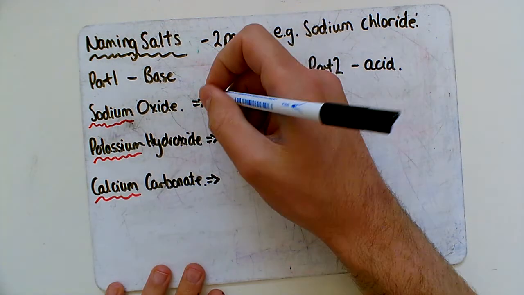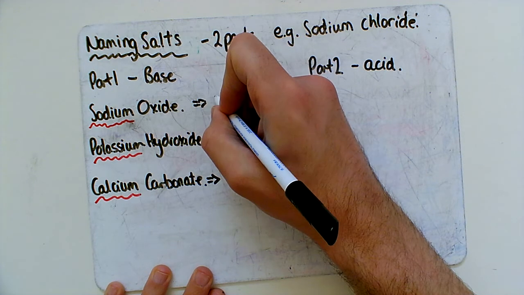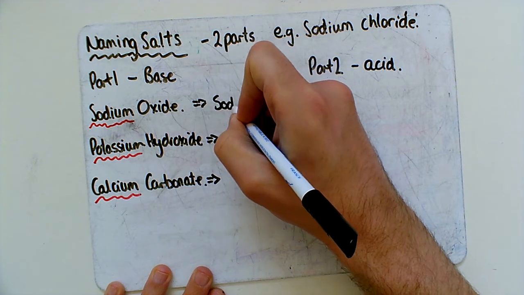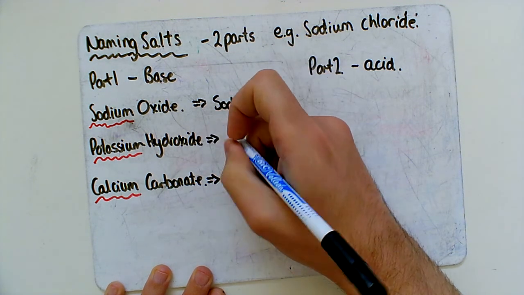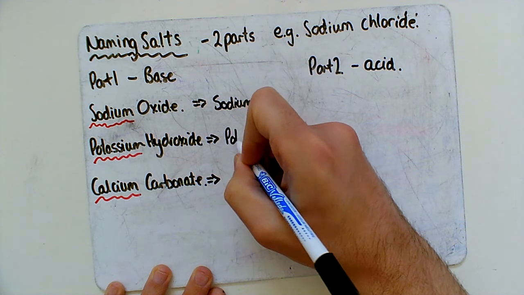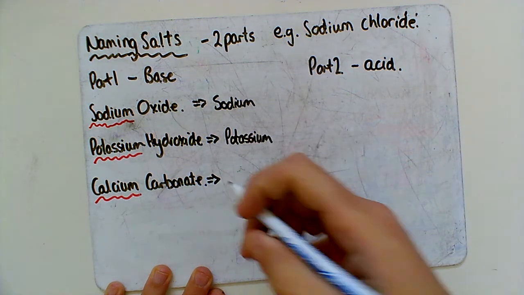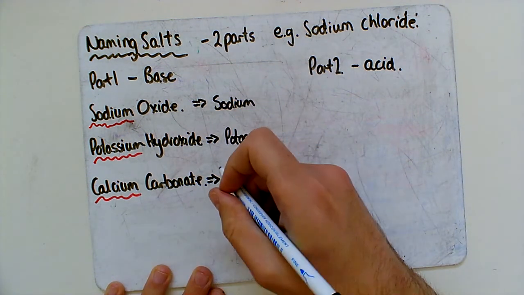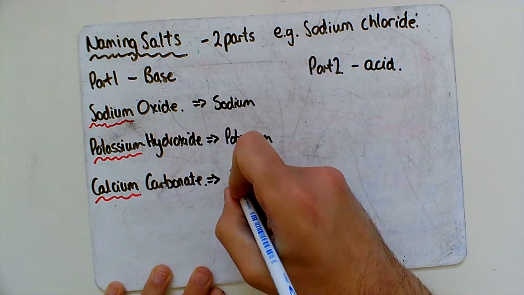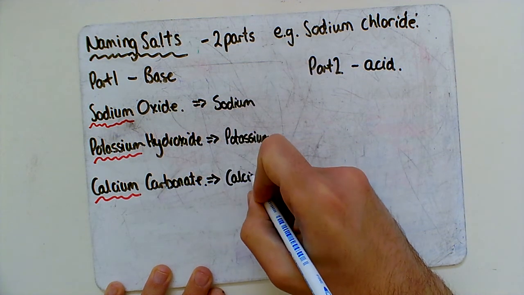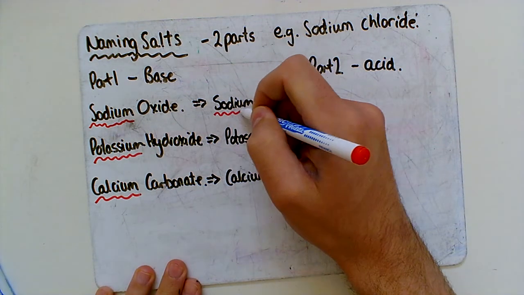So if the metal oxide is sodium oxide, then the salt is going to start with sodium. If it's potassium hydroxide, the salt is going to start with potassium. And if the base was a calcium base, the salt is going to be calcium. So we just take the metal.